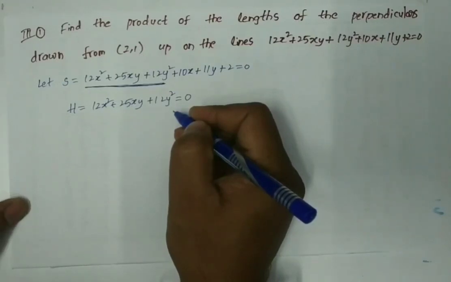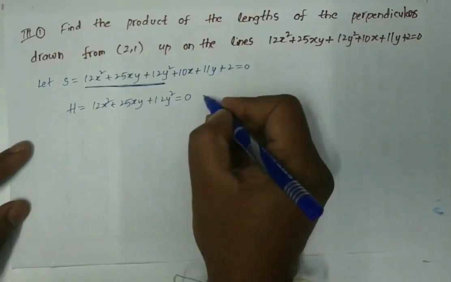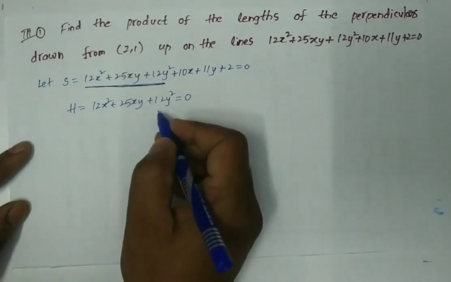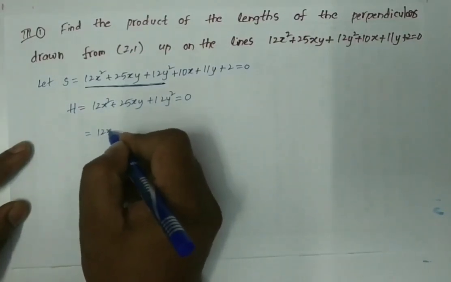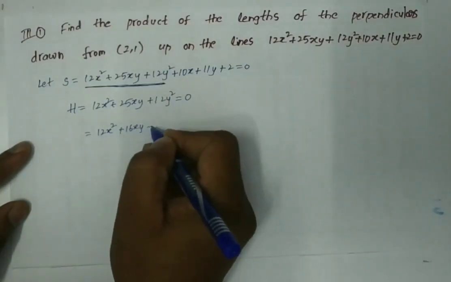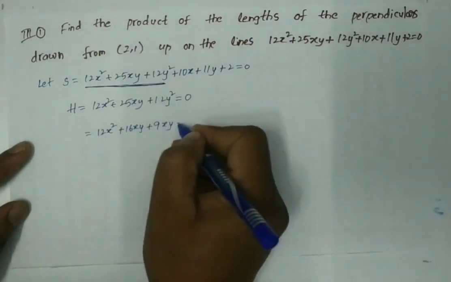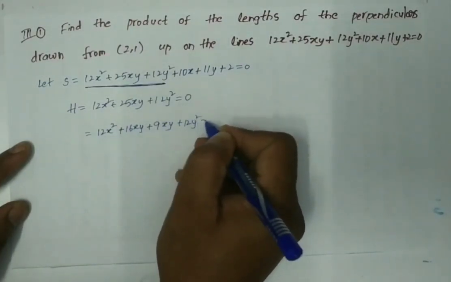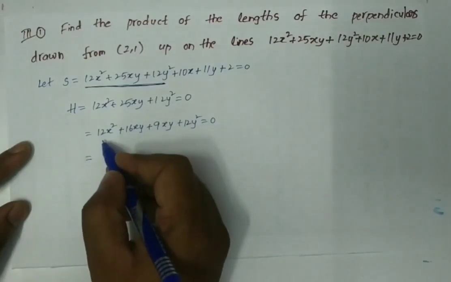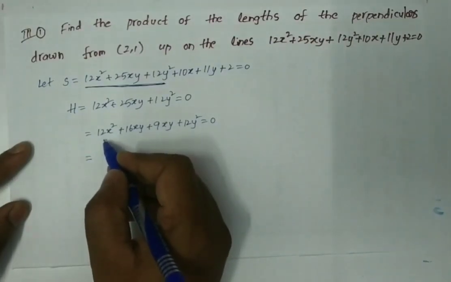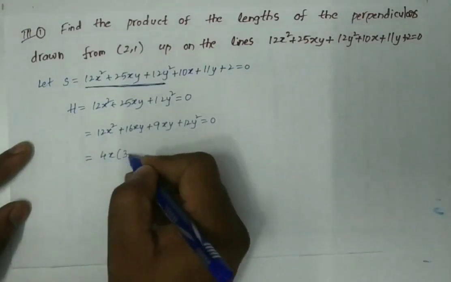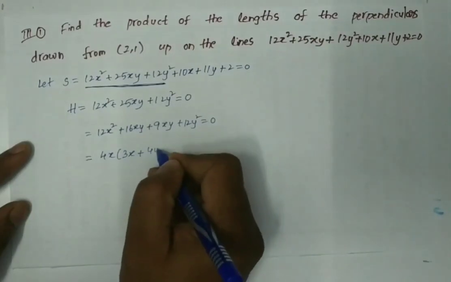Okay, so here H is equal to 12x square plus 25xy plus 12y square. Now 25xy can be written as plus 16xy plus 9xy, so 12x square plus 16xy plus 9xy plus 12y square is equal to 0. Here, by taking 4x as a common factor from the first term and second term, we get 4x of 3x plus 4y.